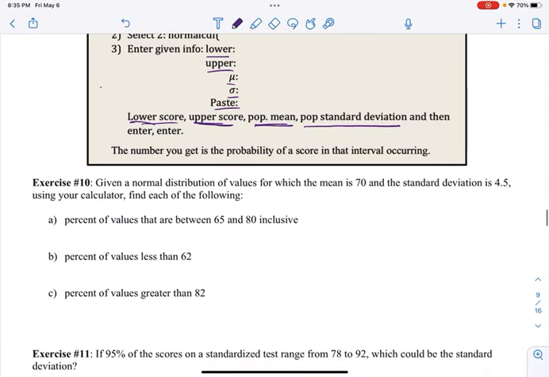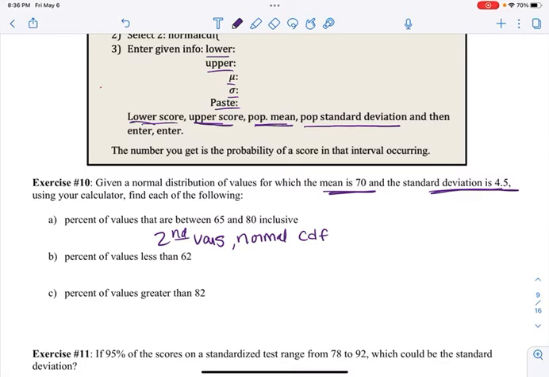All right, so let's try one. Given a normal distribution of values for which the mean is 70, the standard deviation is 4.5, use your calculator to find each of the following. So I want the percent of values that are between 65 and 80. So I'm going to hit second, VARS. Then I'm going to hit normal CDF.